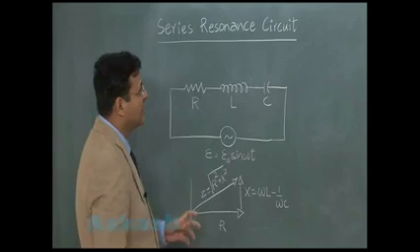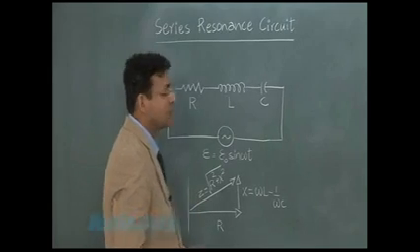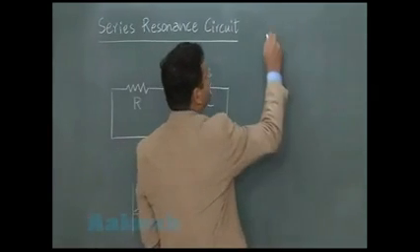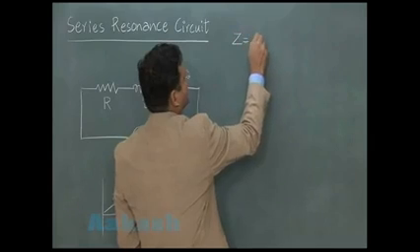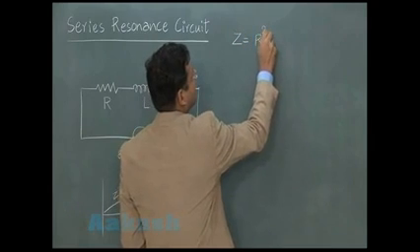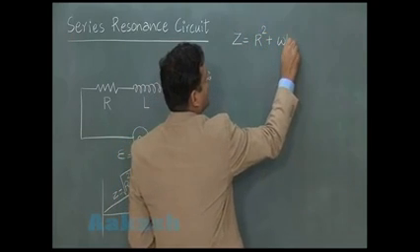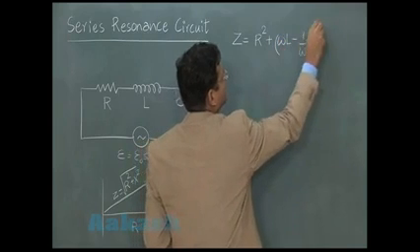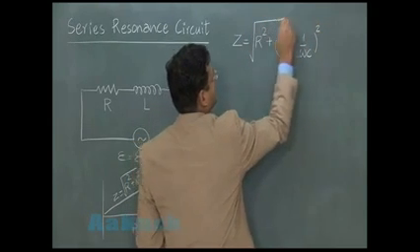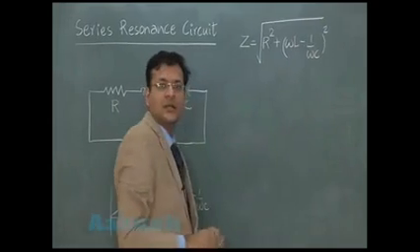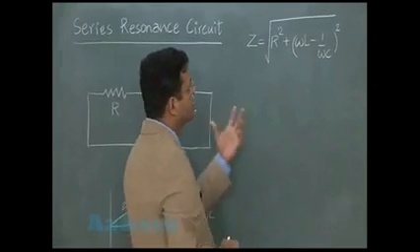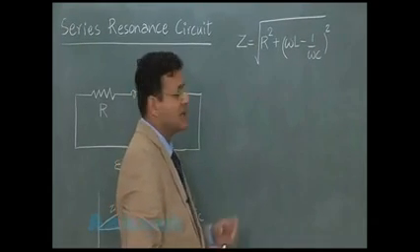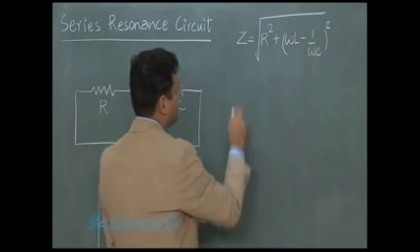Extending this concept of Z, in the extended form it will be written as the square root of R square plus (omega L minus 1 by omega C) whole square. And now I am interested in plotting this Z as a function of omega.